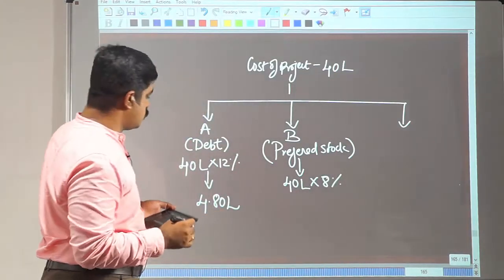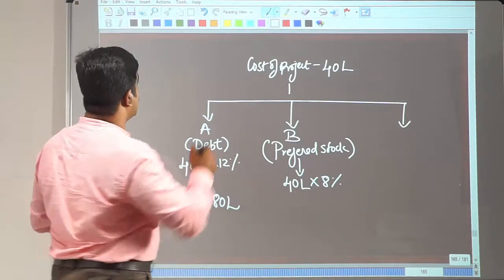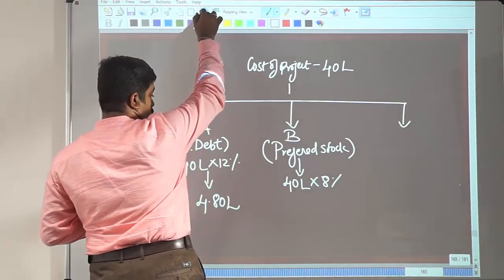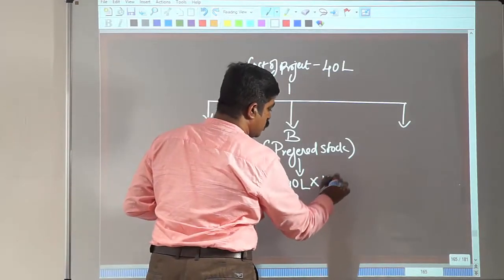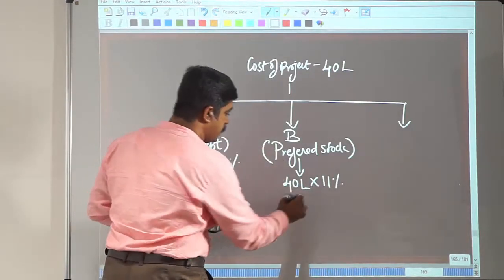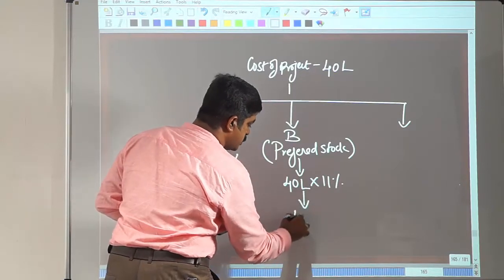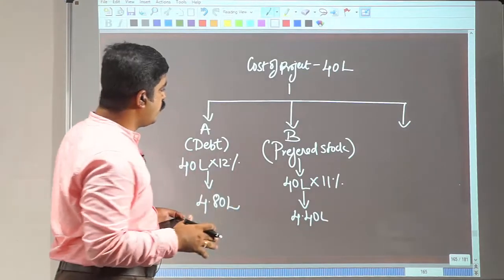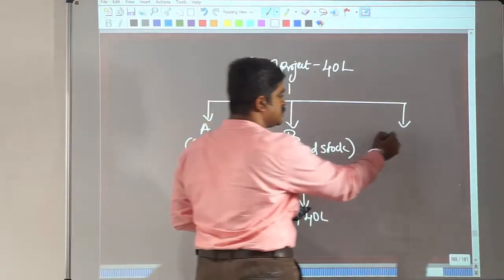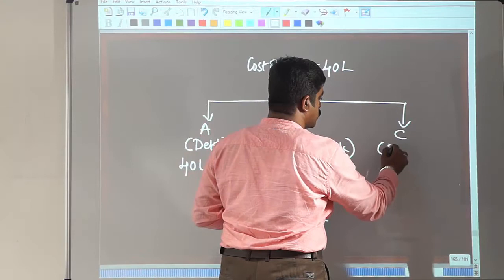Is it 8%? I'm sorry, it is 11%. Let me change it. It is not 8%, it is rather 11%. So 40 lakhs into 11% is going to be 4.40 lakhs.